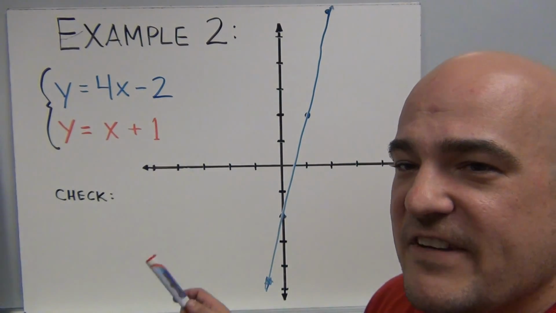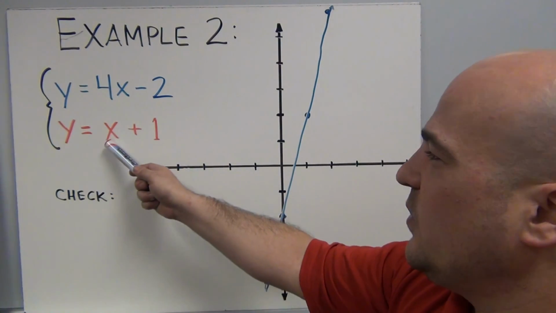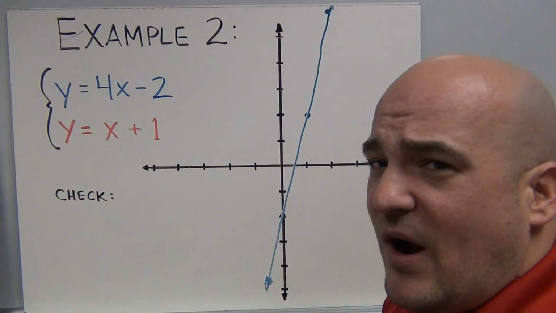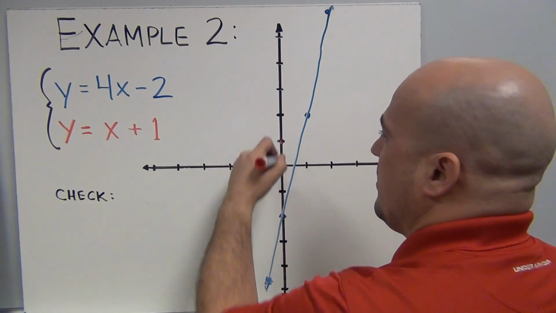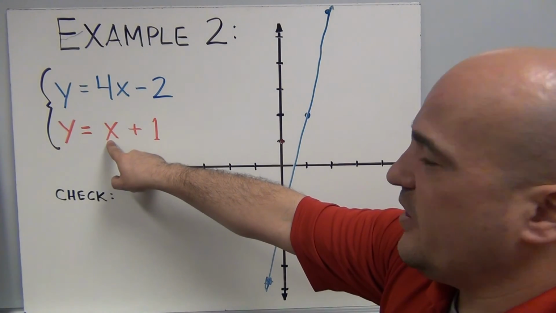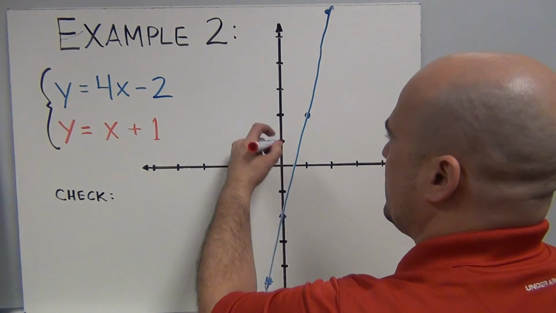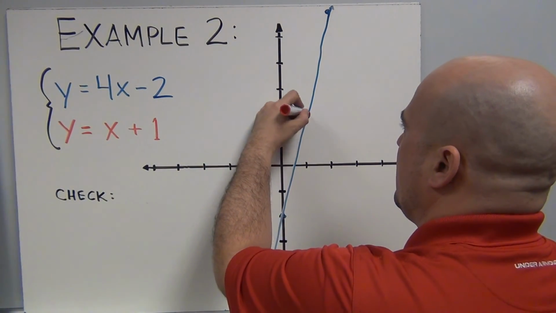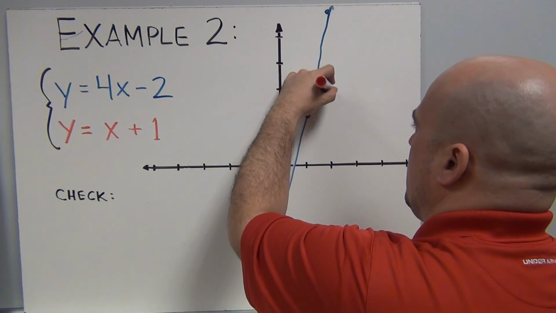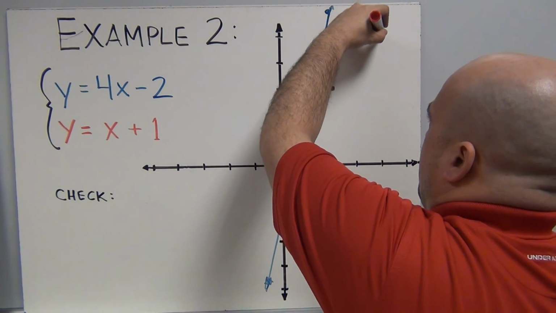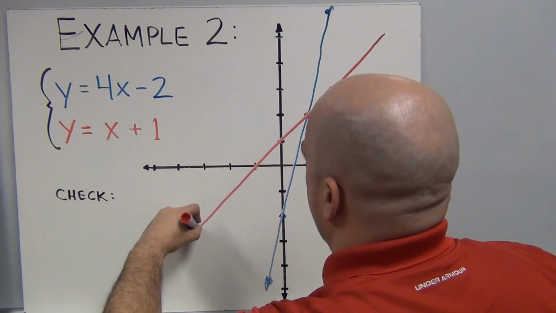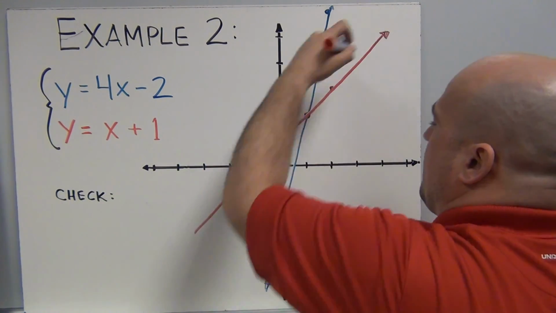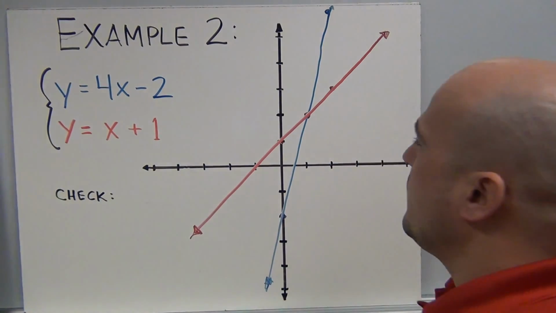I'm going to go ahead and graph the second one now. And the second one, y equals x plus 1. My y-intercept is 1. And my slope is 1, or 1 over 1 in front of that x. So I'm going to go up 1 over 1. Perfect.